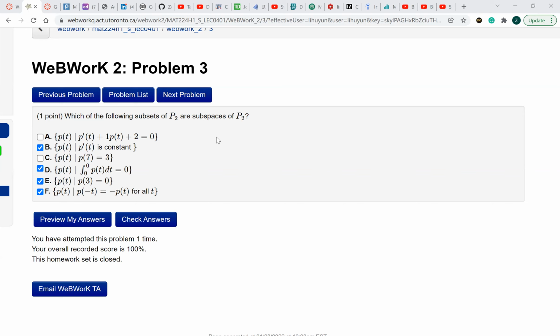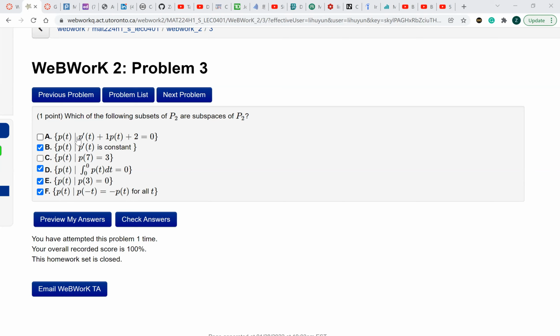So it's another constant. So it's closed under addition. And multiplication: C times P. What's the derivative of C times P? It's C times P prime, which is C times the constant that you had, C times alpha, which is another constant.